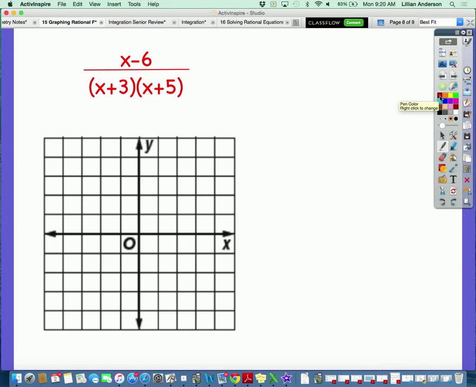Domain is already in factored form. To find the domain together. Okay, I only have like a handful of people. That's okay. Set what? The denominator. So x is going to equal -3, so my domain is everything but those values.